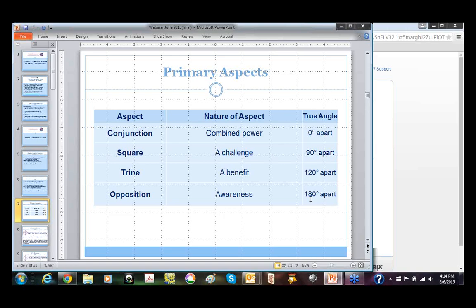The configuration and the aspect is going to be stronger and more true the more precise it is, the closer to this angle that it is. But we can sometimes learn more from the imperfect configurations that are less precise, because that's where the rubbing is going to be.